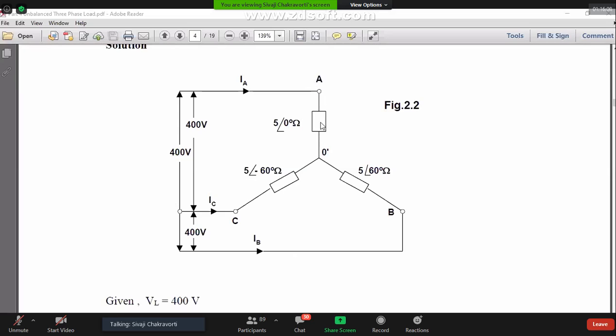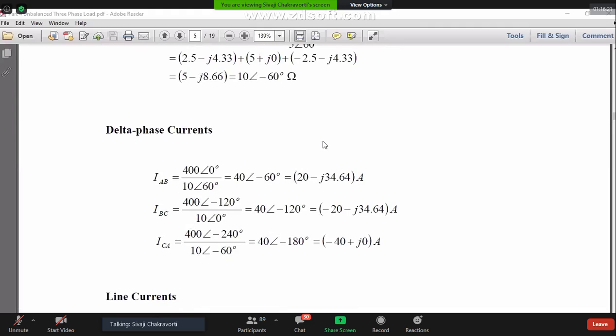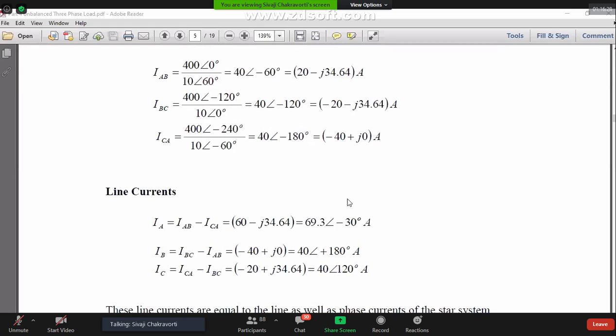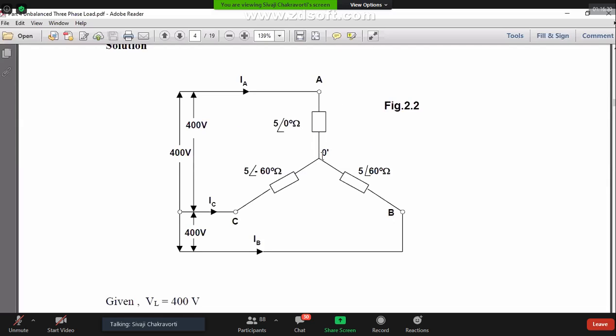From the three ZA, ZB, ZC, ZAB is ZA plus ZB plus ZA ZB by ZC. ZBC will be ZB plus ZC plus ZB ZC by ZA. Like that, convert all of them and you get the three delta impedances. Since the three star impedances were the same, interestingly you see that the three delta impedances you got are the same, 10 ohm.